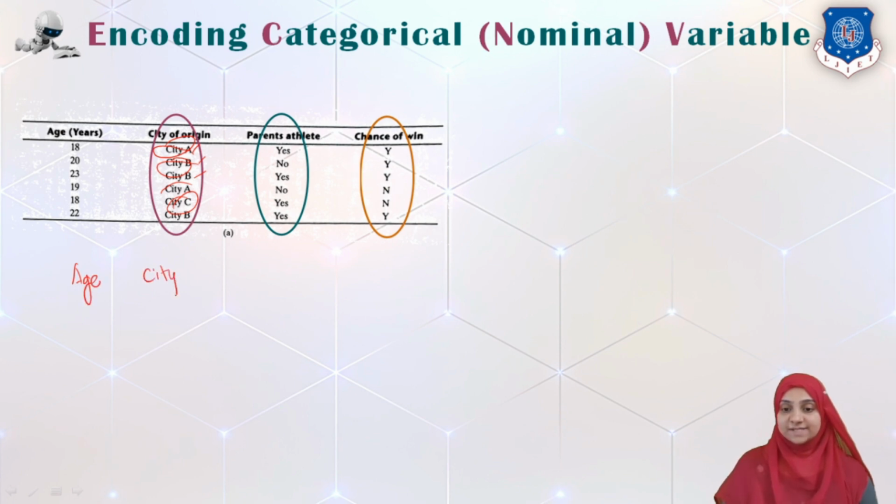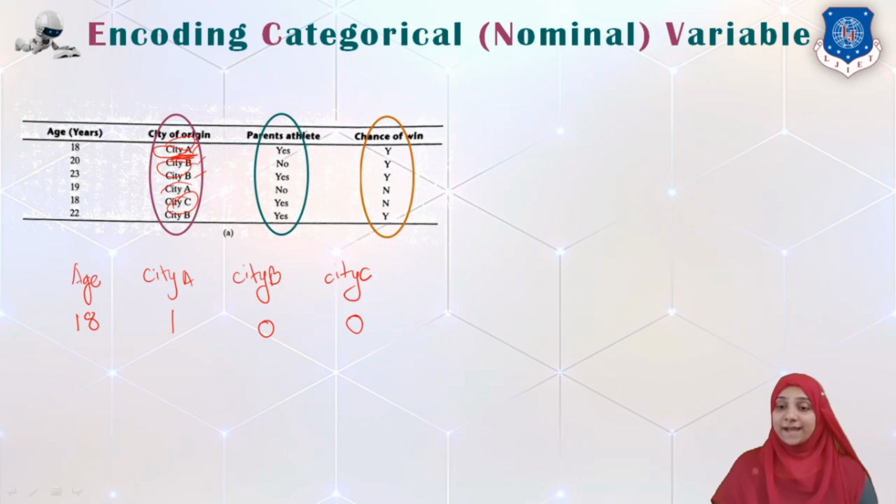Then we will have the city A attribute, the second attribute will be city B, and the third attribute is city C. Say for example, for the first row, age is 18 of an athlete student, and they belong to city A. So we will have value 1 for city A and two zeros in city B and C respectively. Likewise, as you can see, parents athlete has two different values, yes and no. So here we will have parents athlete yes and parents athlete no.